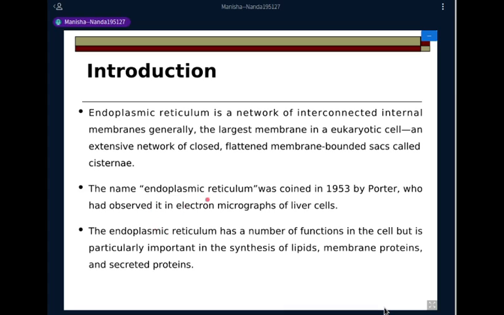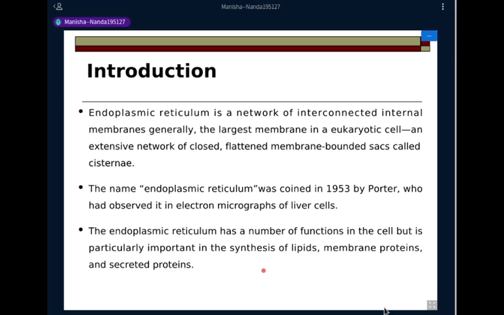So the name endoplasmic reticulum was coined by Potter in the year 1953, who had observed these cell organelles in the electron micrograph pictures of liver cells. Endoplasmic reticulum has a number of functions in the cell, but it is particularly important in synthesis of lipids, membrane proteins, and secreted proteins.